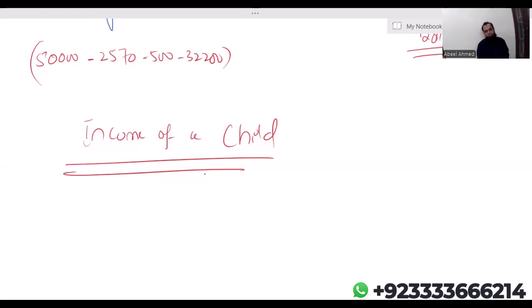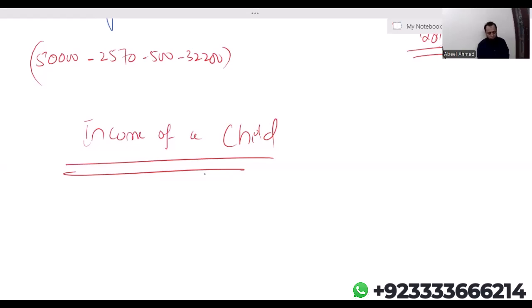But let's say a mother has given a gift to her child, and that gift is generating income which is more than 100 pounds. Then that income will be treated as the income of the parent who has given the gift.